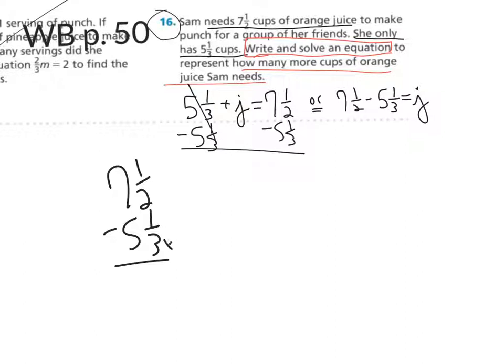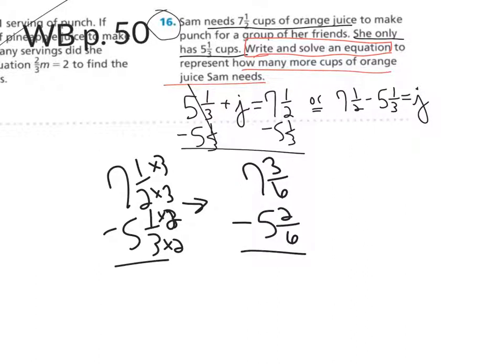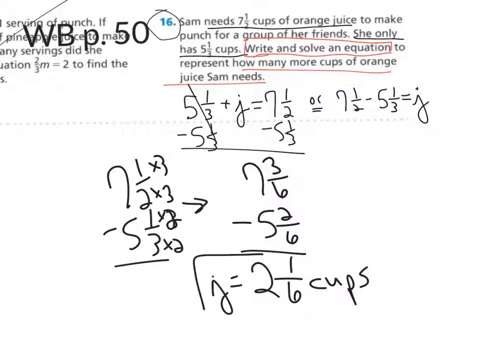So common denominator here would be 6. So we'd have 7 3/6 minus 5 2/6. So we subtract this, and that would be 2 1/6 cups. So 2 1/6 more cups is what she needs.